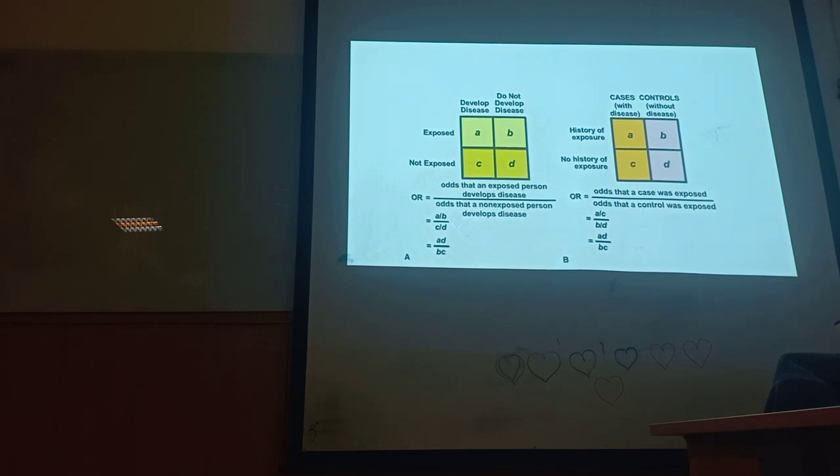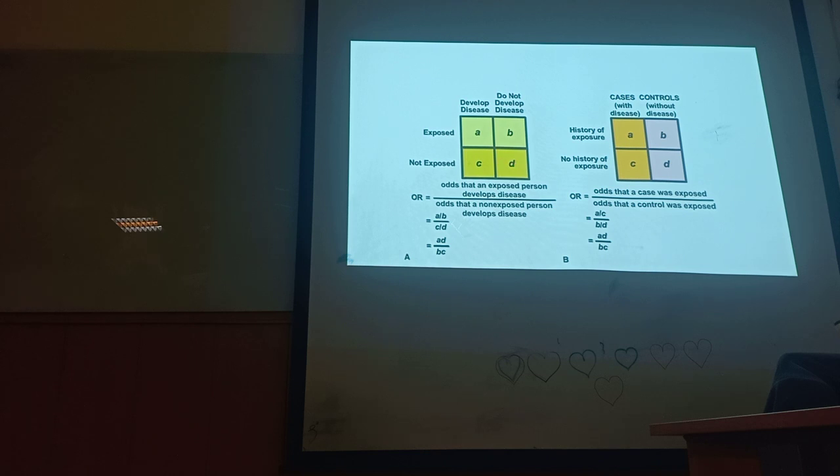This is cohort study. This is exposed group and not exposed group. And these are those who develop disease among exposed group and unexposed group. So what is the odds of developing disease in exposed group? A over B. What is the odds of developing disease in not exposed group?